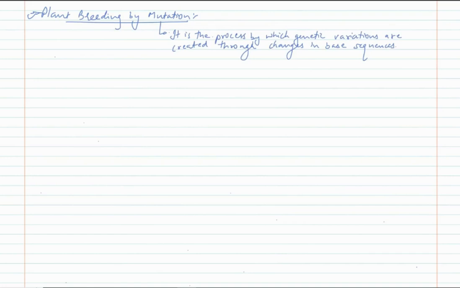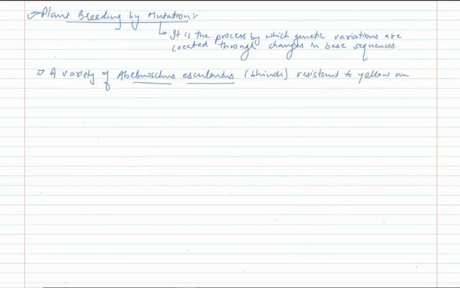An example of this is a variety of Abelmoschus esculentus, commonly known as bhindi, resistant to yellow mosaic virus, which was developed from a wild variety which was naturally resistant to this disease.